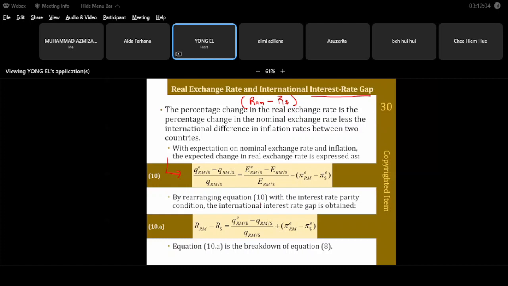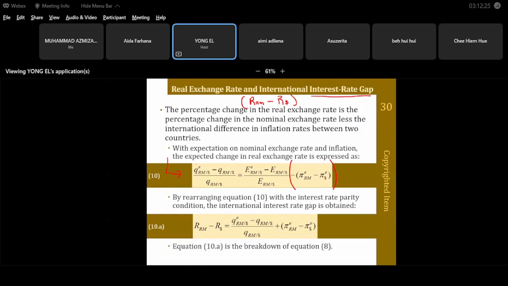So if we don't look at this last part here, the percentage change in real exchange rate is equal to the nominal exchange rate change if the inflation rates between the two countries are the same.